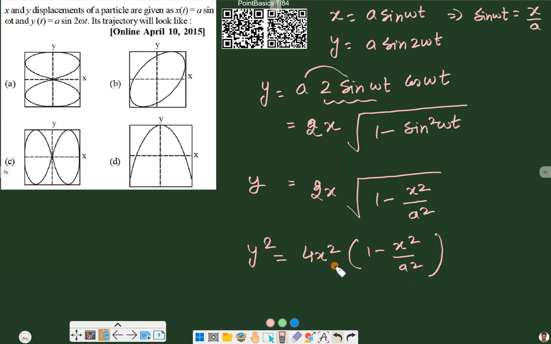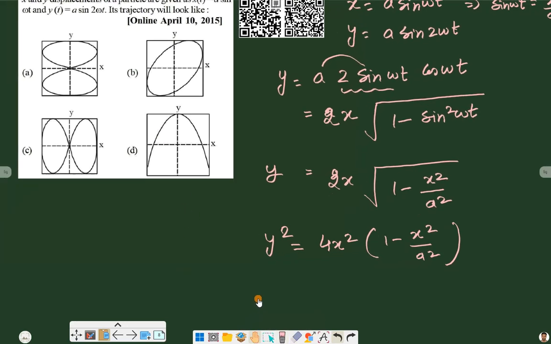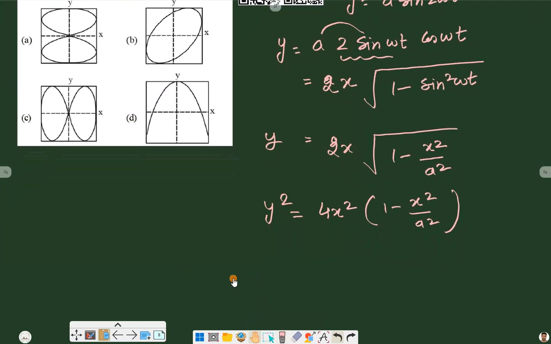So we have this equation which we got using both of those equations. Now we have to do the hit and trial method, and we will try to fit whichever option fits best. So for that, let's start. Suppose x is equal to 0.